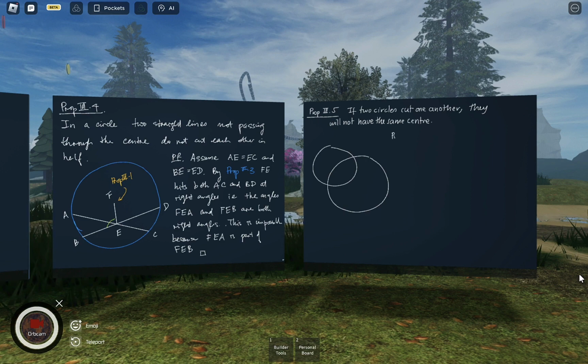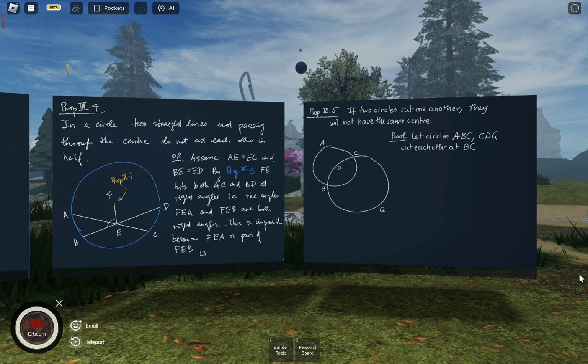Okay, proof. All right, so here's our two circles. We're going to call them ABC and CDG. D is just some random point that is used to label the circle. And A is similar. So let circles ABC and CDG cut each other at BC.